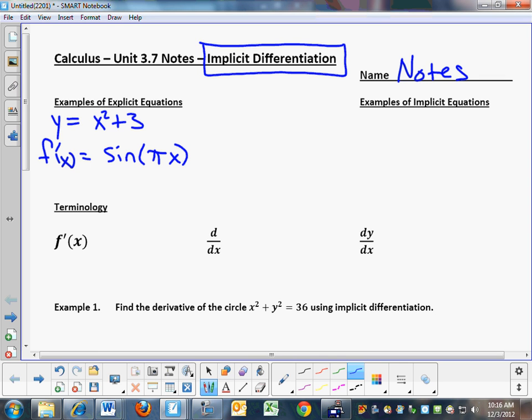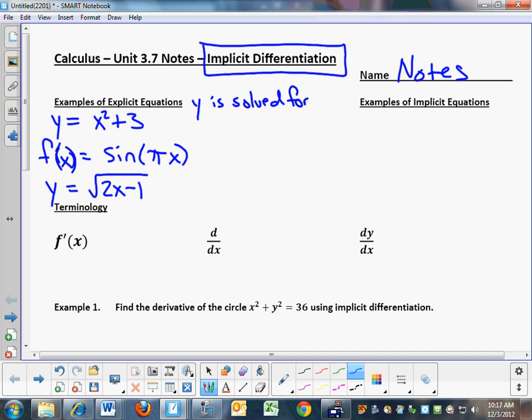And then, for example, if we had y equals the square root of 2x minus 1, we could use explicit differentiation. We have been using explicit differentiation so far. Explicit is when y is solved for.